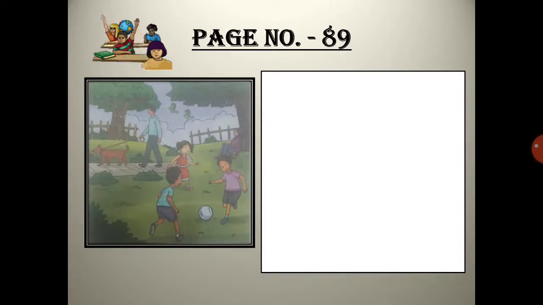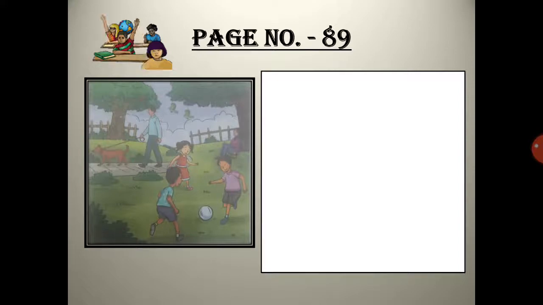And there are two boys. One girl. One man. And one woman is sitting here. Two trees are there. Two birds are there. So children, firstly observe the picture very carefully. Understood? One dog is also there, you can see. The man is walking with the dog.